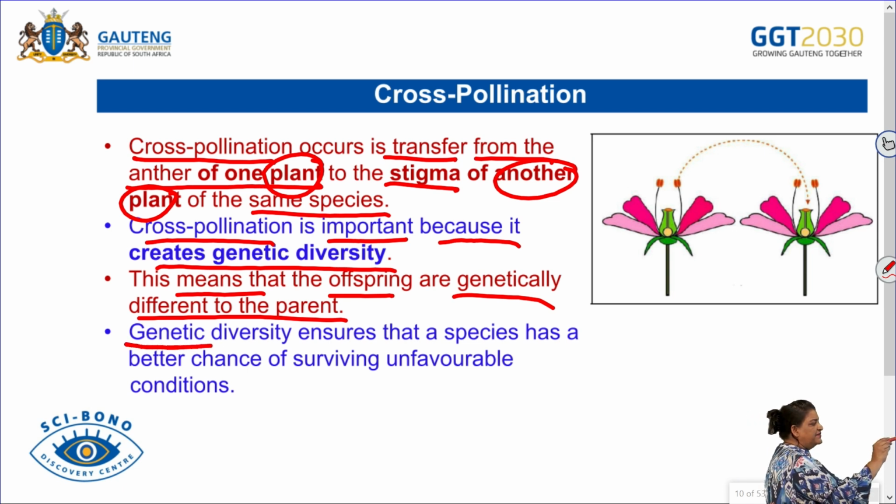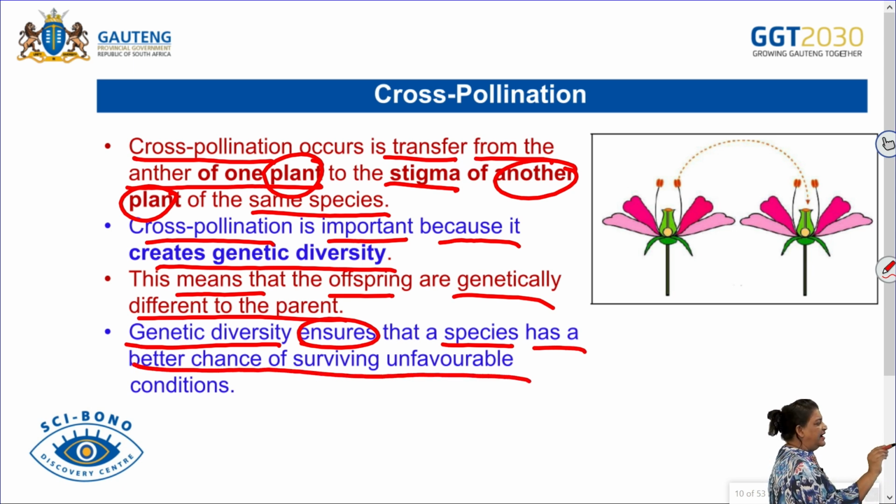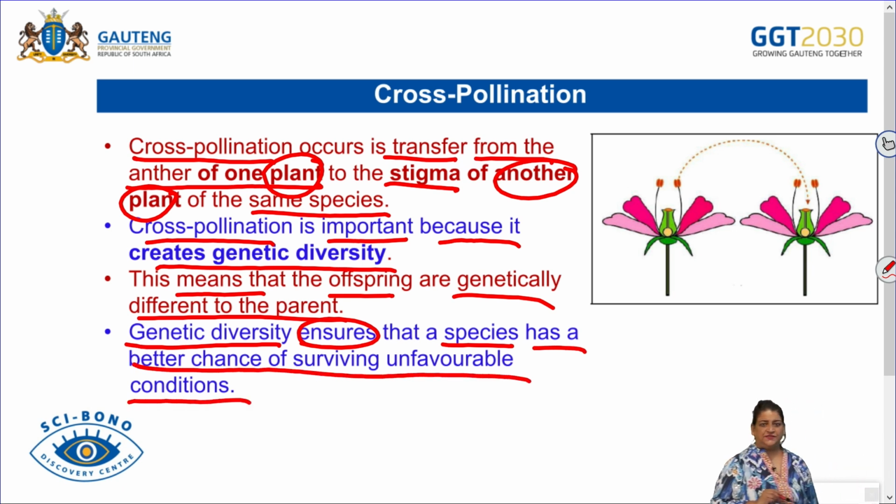So genetic diversity makes sure that the species has a better chance of surviving unfavorable conditions. Now that is why, for example, if you have your cousin brother marrying your cousin sister, where the parents are brothers and sisters and their children now marry each other, that is like genes within the same family.